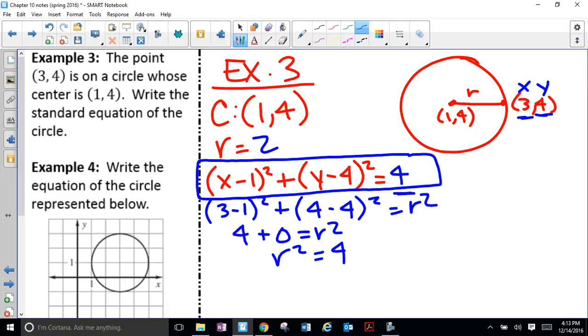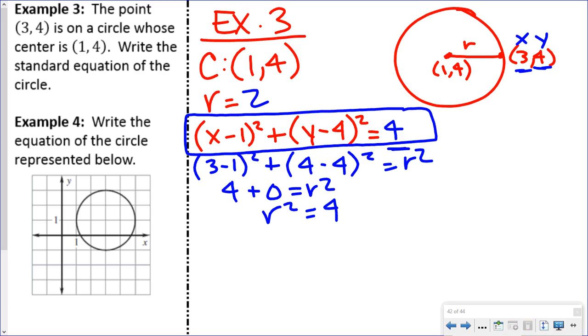Okay. Now on this last one, it's graphed, so you just figure out where your center is. So there's your center. And then we'll count over to see what our radius is, which we can see is 2 because it's all going by ones. Make sure you read your grid so you know what it's going by. So then for example 4, what's the center point? 1, 2, 3, 1.